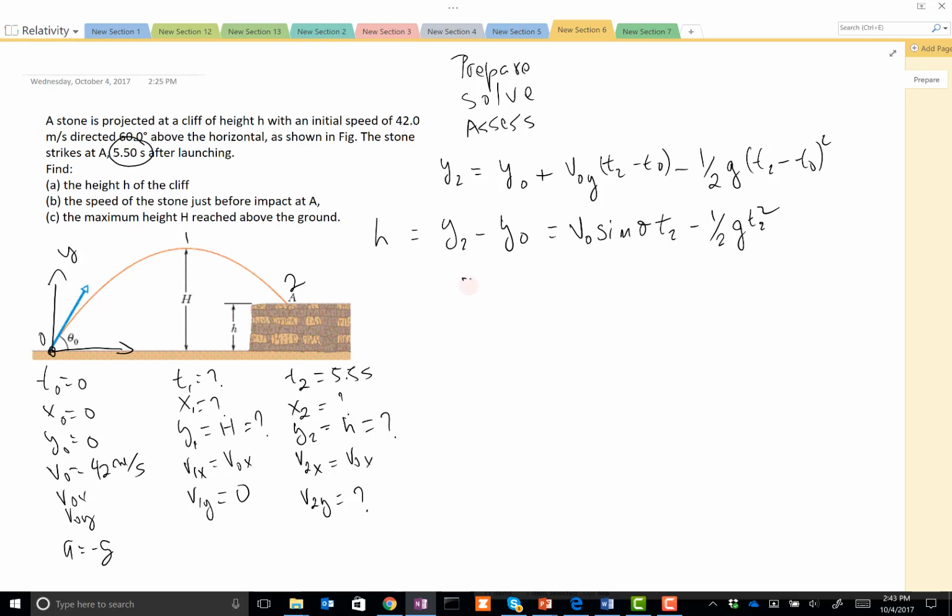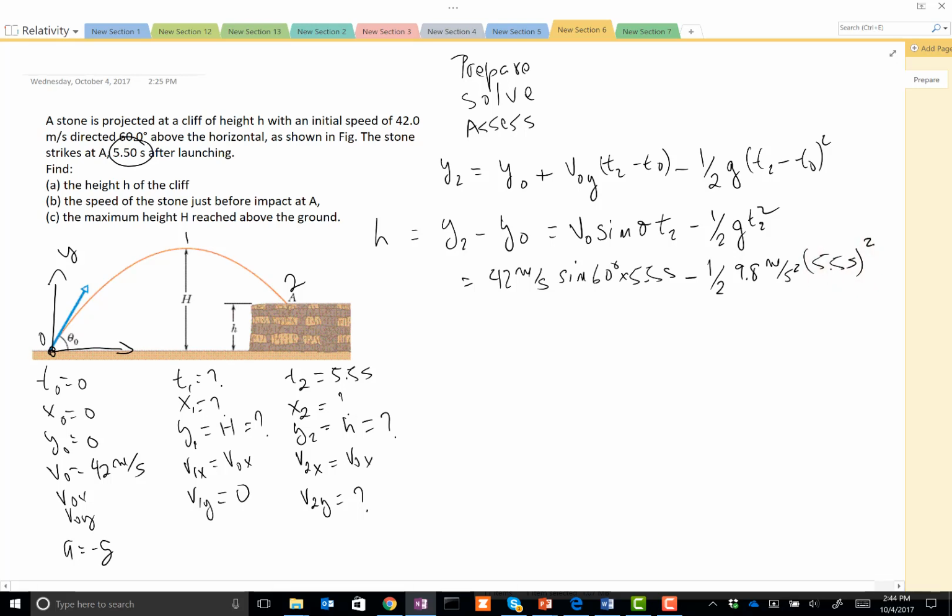So this is equal to 42 meters per second times the sine of 60 degrees times 5.5 seconds, that is this part here, minus 1/2 times 9.8 meters per second squared times 5.5 seconds, all squared.